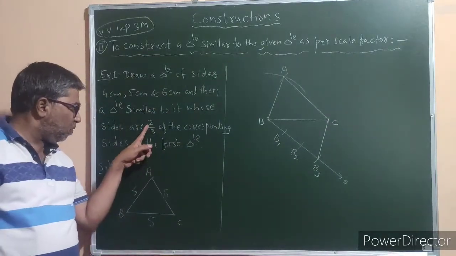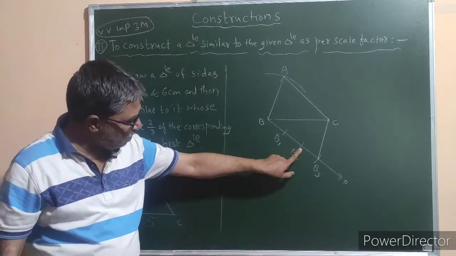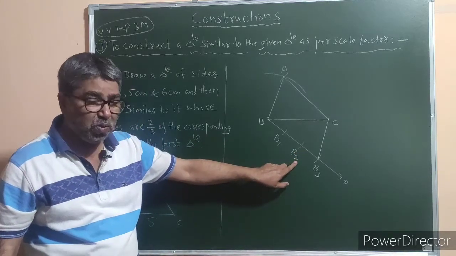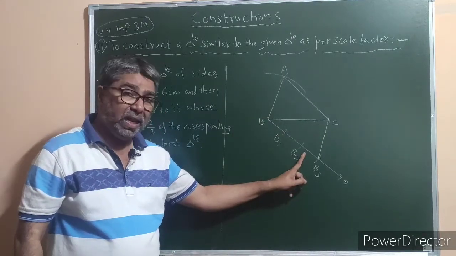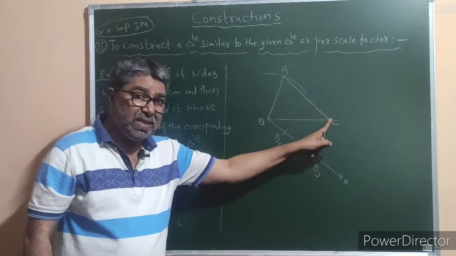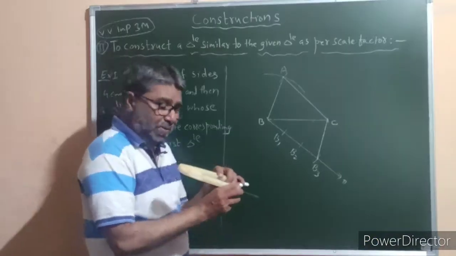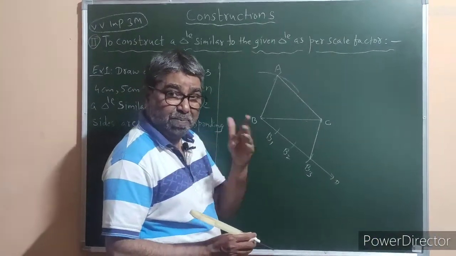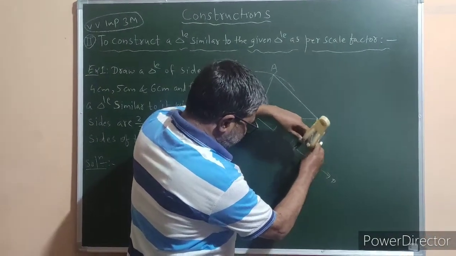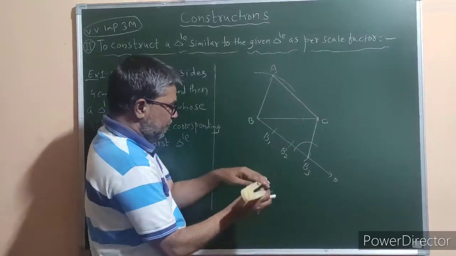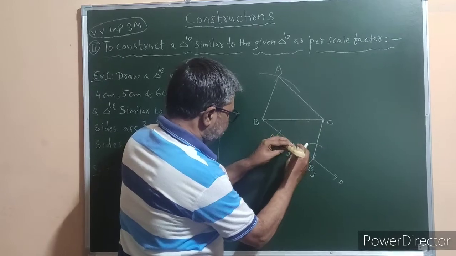Now the next term of the ratio is 2, and 2 here in the figure is nothing but B2. From B2 to BC you have to draw one line parallel to B3C, and you know the method to draw a parallel line to the given line, you have seen in the previous part. Now taking a certain distance, assuming B3 as center, draw an arc, assuming B2 as center, draw another arc.